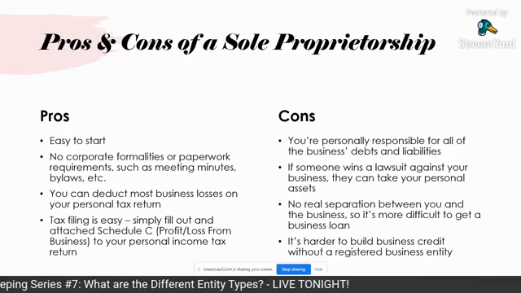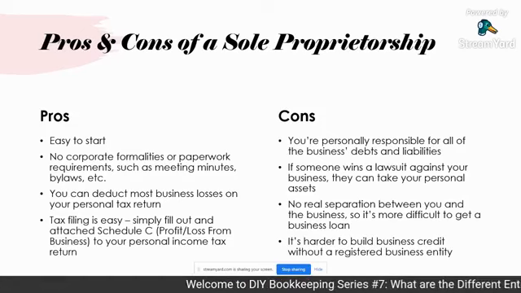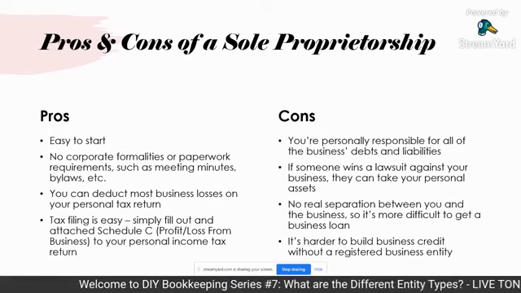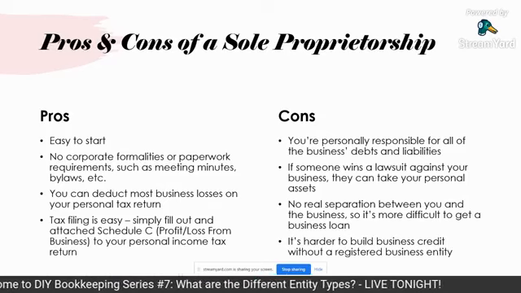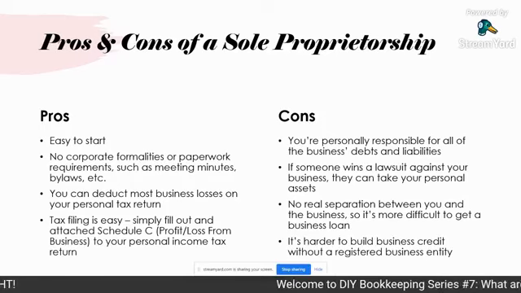So as a sole proprietor, you are filing your business taxes on your personal taxes. They automatically get attached to your personal taxes each year. So you make gross profit, that's income. If you've made a loss, then you get to deduct that from your income.